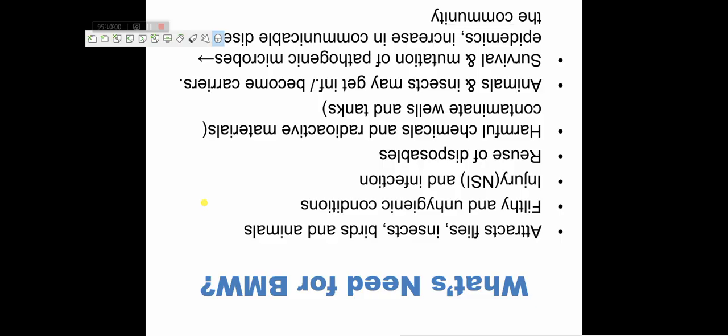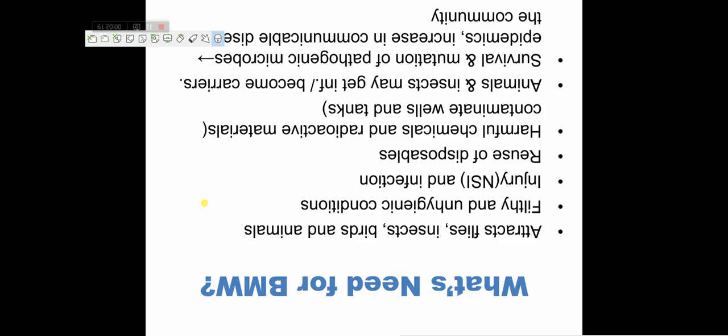They will get infected, and then they will come onto us, and we will get infected. So that is why it is important. Also, if waste is there, the conditions will be filthy and unhygienic.